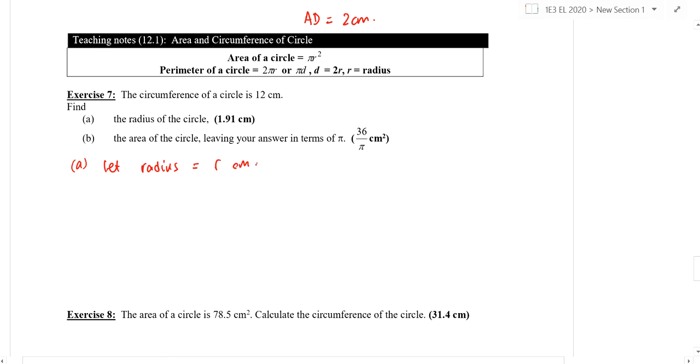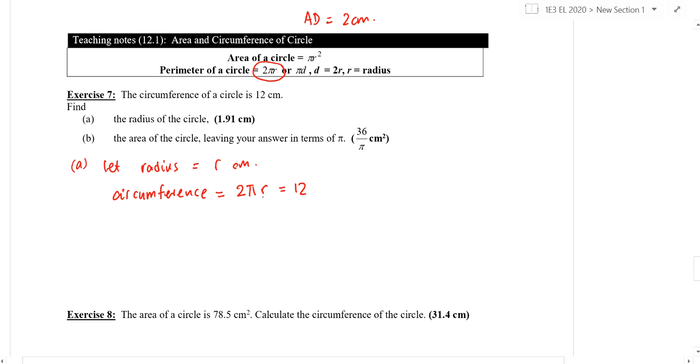So we're going to use this particular formula. Circumference equals 2 pi r, and this is equal to 12 centimeters.